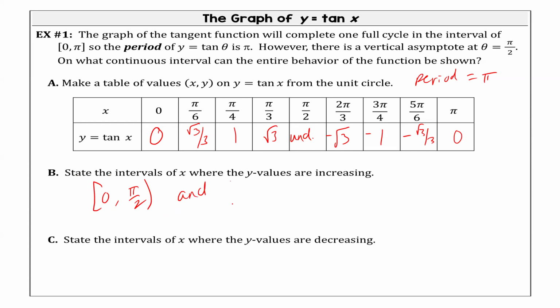Let's see. 5 pi over 6 to 0. Oh, pi over 2 to pi. Why are these values increasing? Because they're negative. So it's the opposite of what you think. They're getting closer to 0. Yes. Well done.